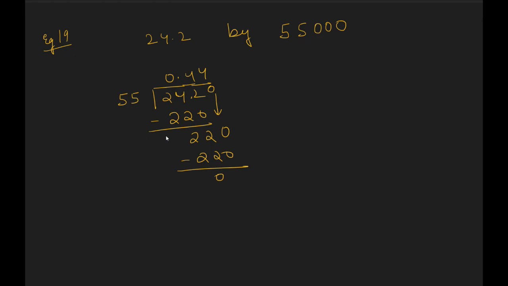So we get 0.44 divided by 1000. So this will be 0.00044. This is the method by which you can do it. One more, or the other way that you can use here is 24.2 by 55,000.